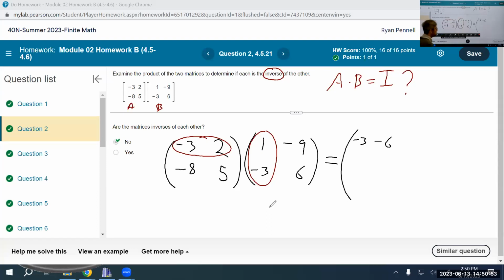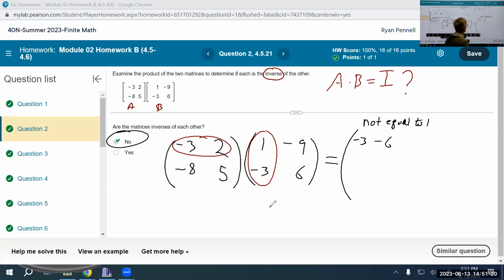And that first entry had to be the number 1. So these are not inverses of each other. I can tell from the very first entry.